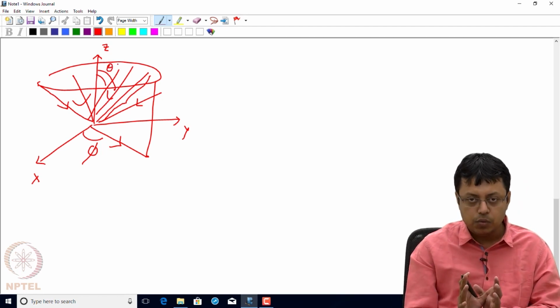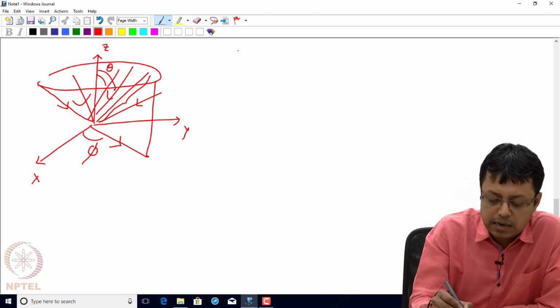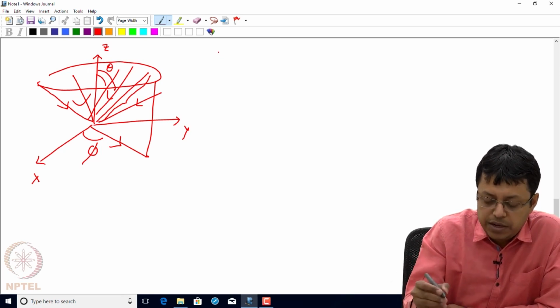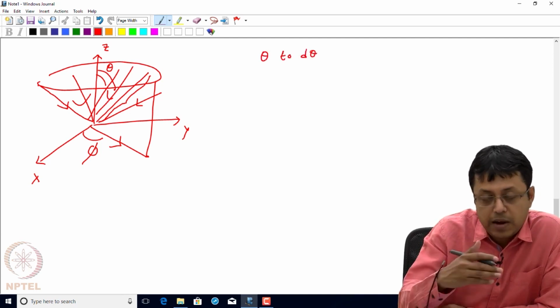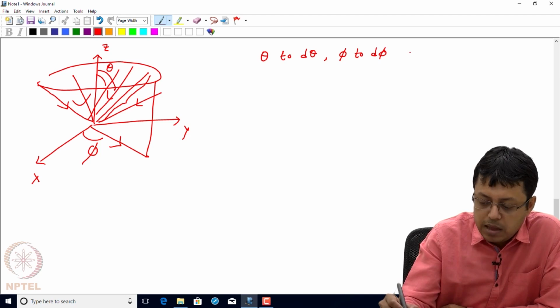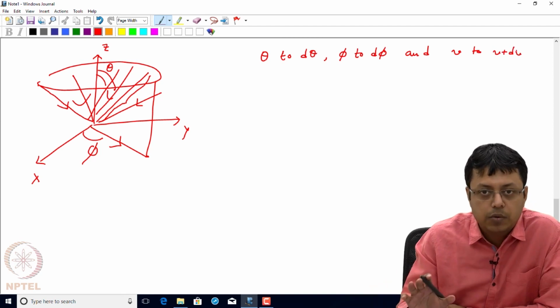So what we are going to do right now is to make a more general form. I'm going to calculate some flux for theta to theta plus d theta, if we vary the angle a little bit, as well as the other angle phi to phi plus d phi. And if I have a velocity distribution, if I go from v to v plus dv, what will be the quantity?